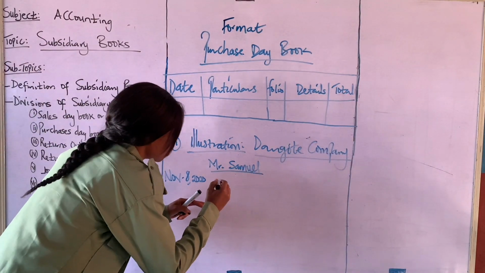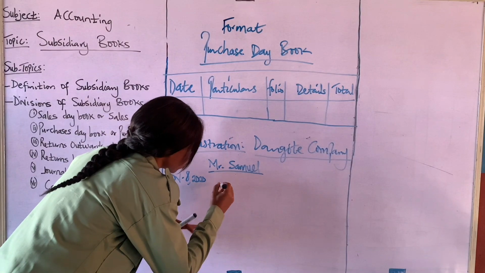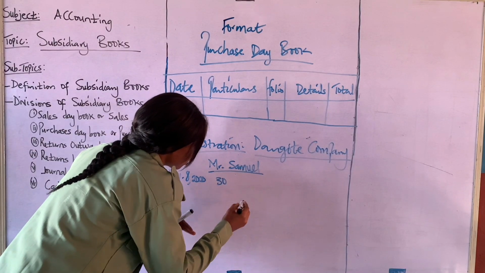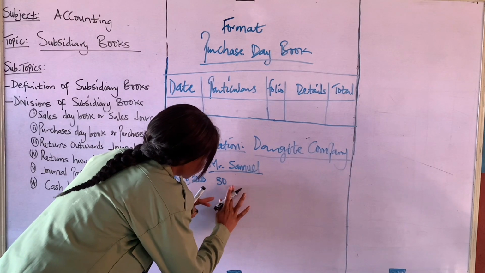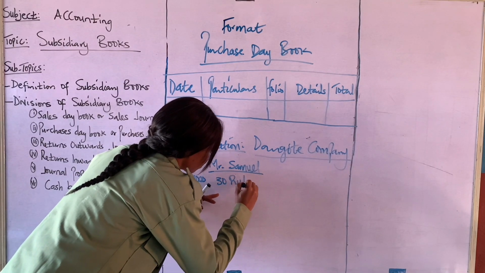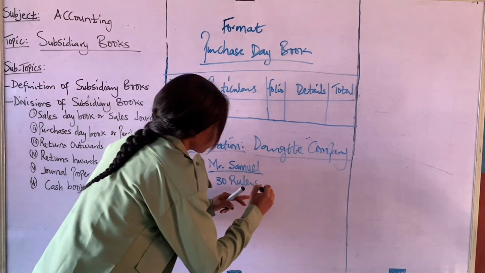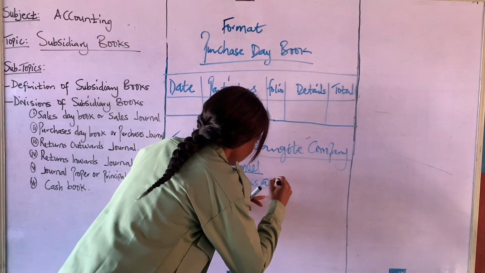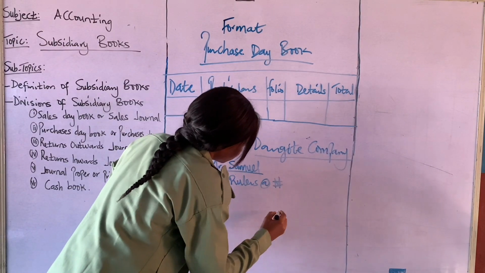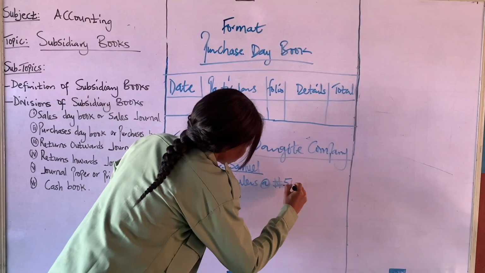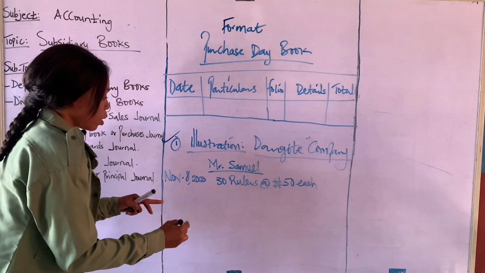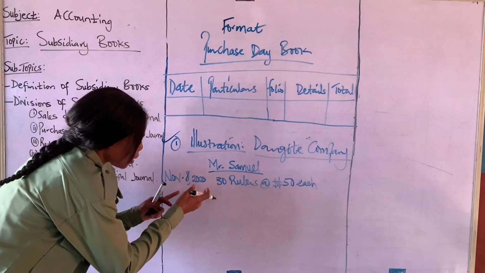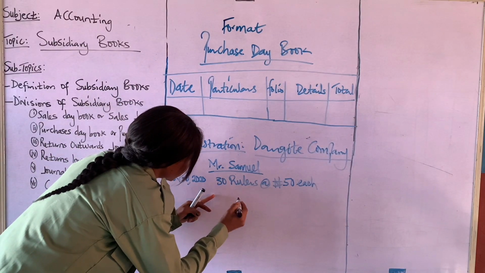What did Dangote company really purchase from Mr. Samuel? Okay, let's say 30 rulers at 50 naira each. On that same date, we make another purchase.